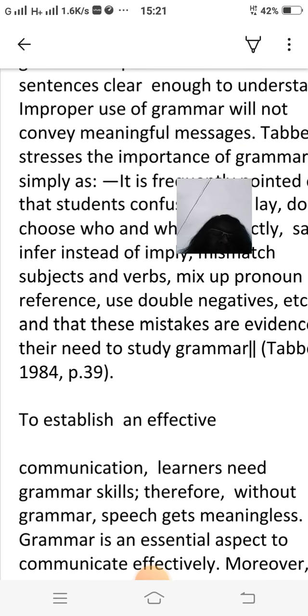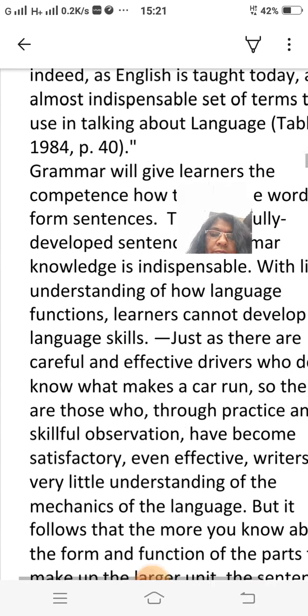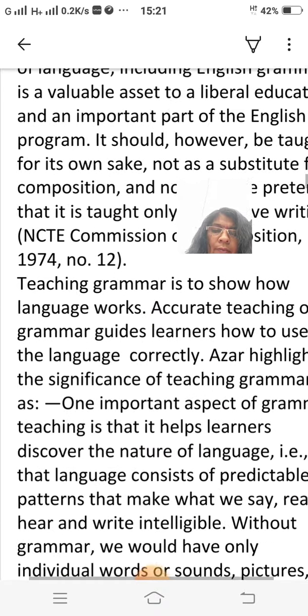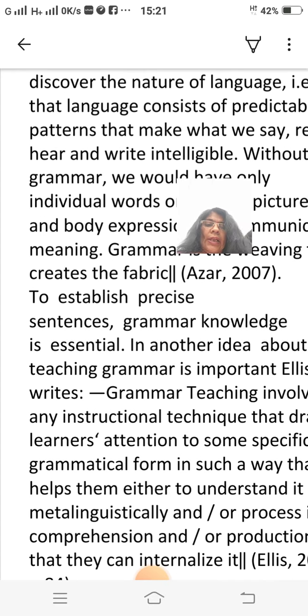To establish effective communication, learners need grammar skills. Therefore, without grammar, speech gets meaningless. Grammar is an essential aspect to communicate effectively. To establish precise sentences, grammar knowledge is essential.